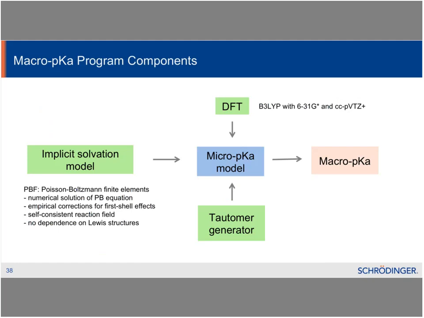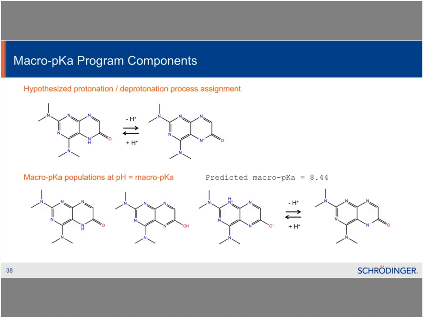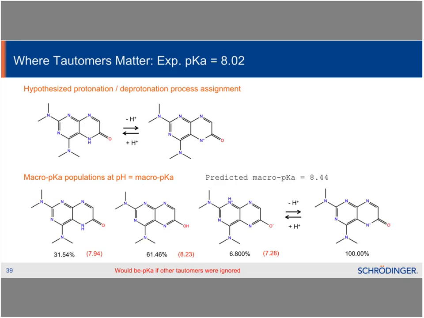It's a numerical solution of the Poisson-Boltzmann equation. It contains empirical corrections for first shell effects, basically hydrogen interactions with the solvent, with water, which is not covered by an implicit solvation model. It does not depend on Lewis structures. We have improved the model so that the results only depend on XYZ coordinates.